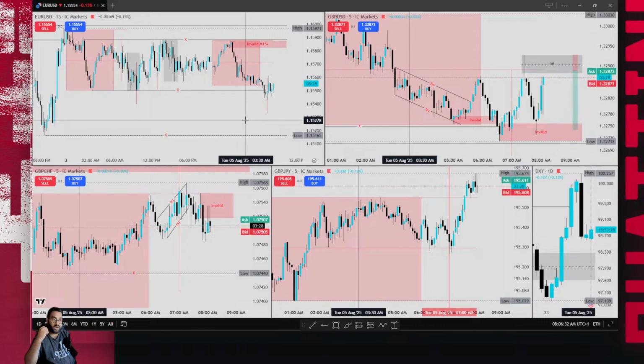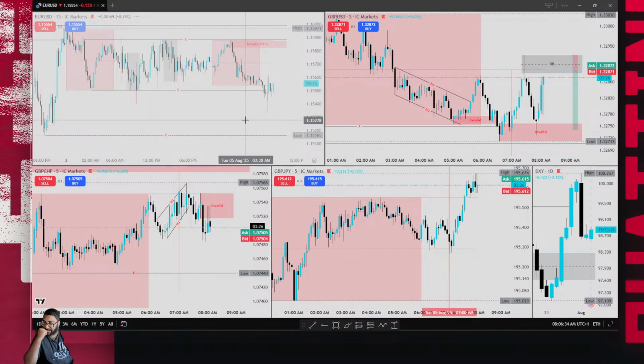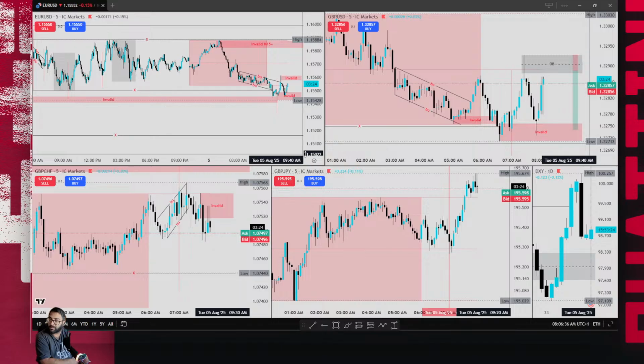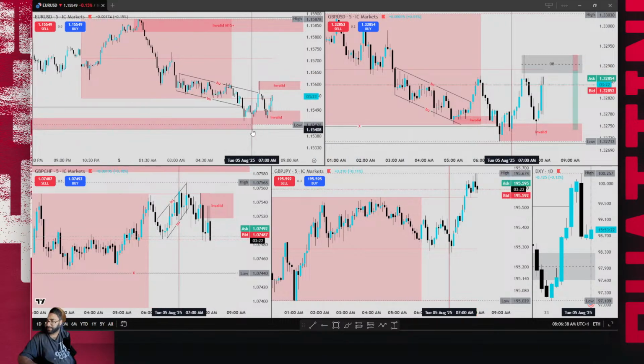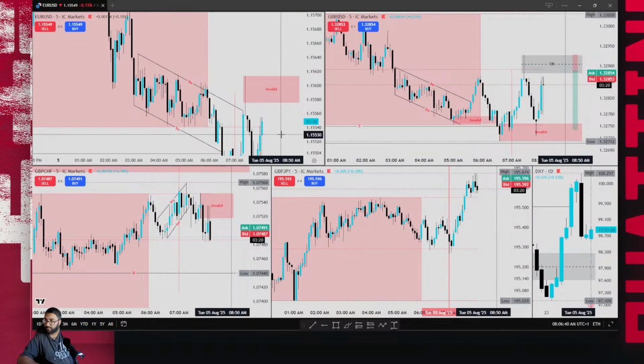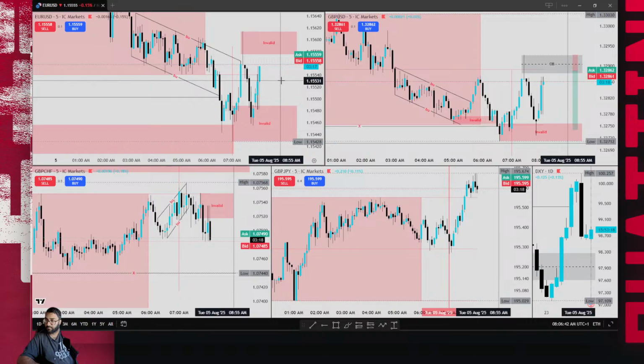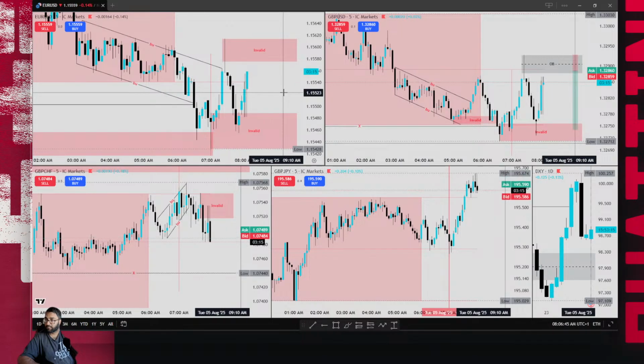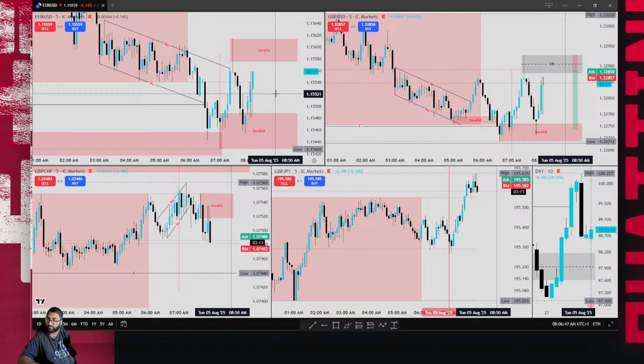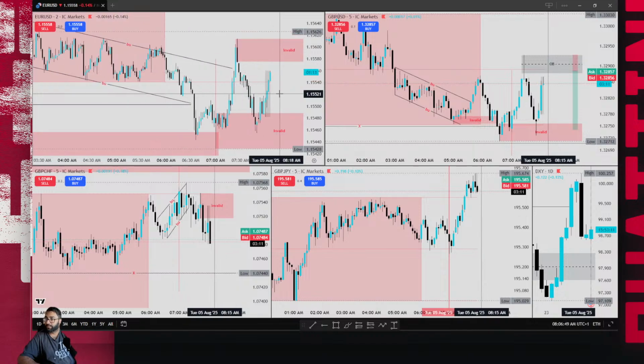We do have a difference of euro and GBP, so it's a bit of a confusing one, man. Let's go on the M2.